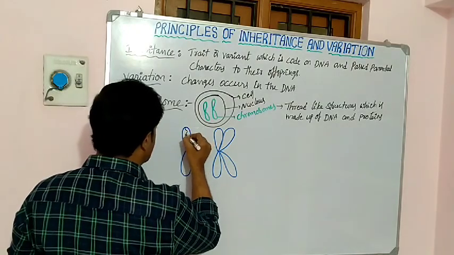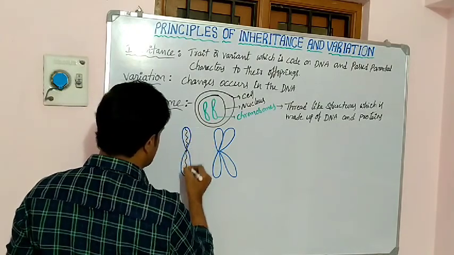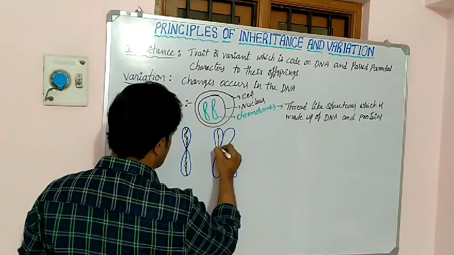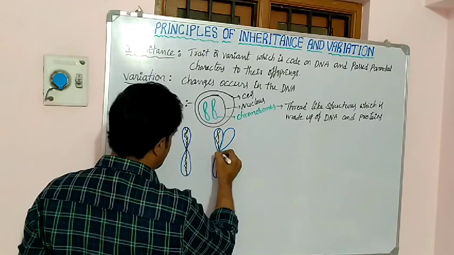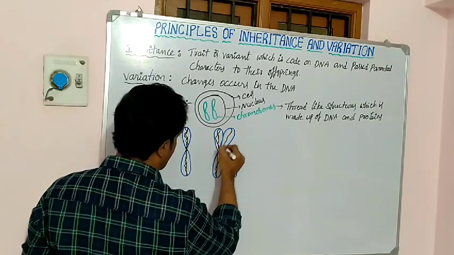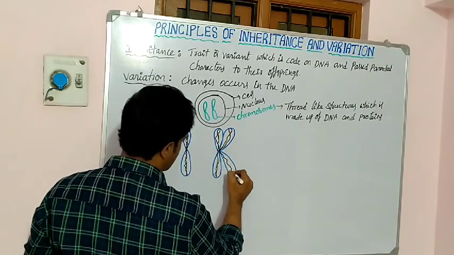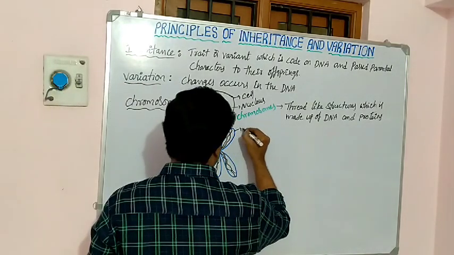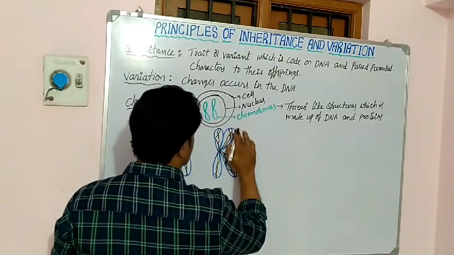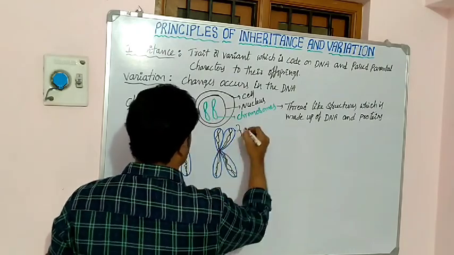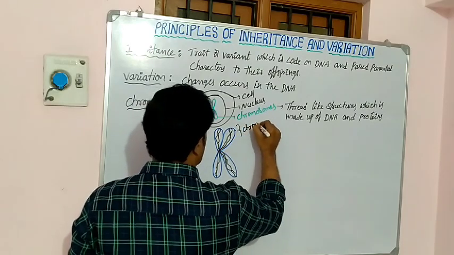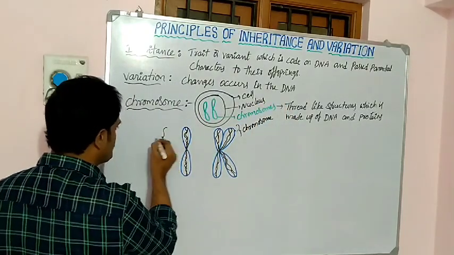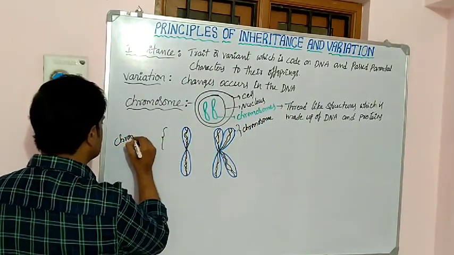What is it? The DNA, double stranded DNA like this. Here also double stranded DNA. This whole structure is called a chromosome.